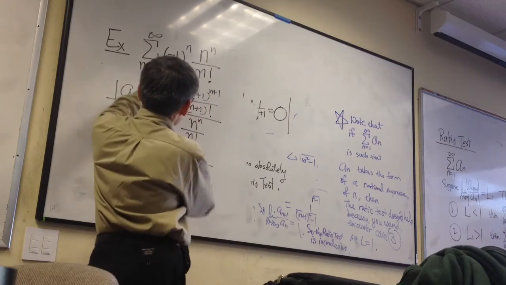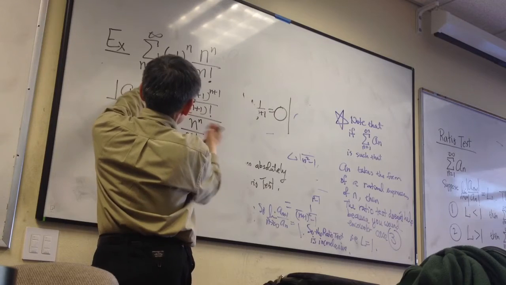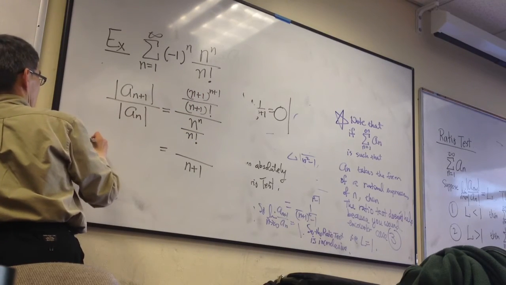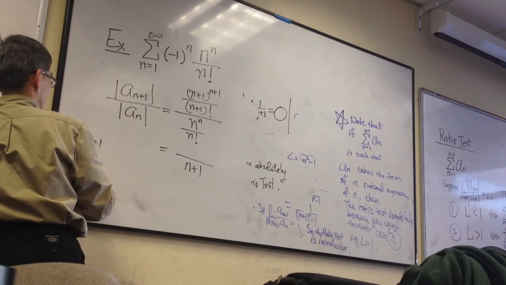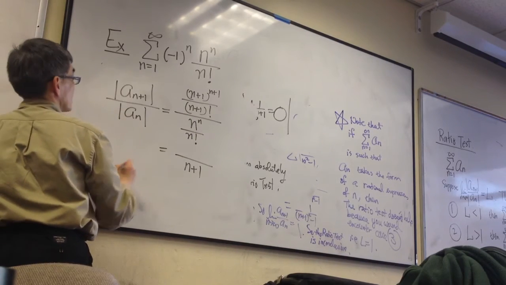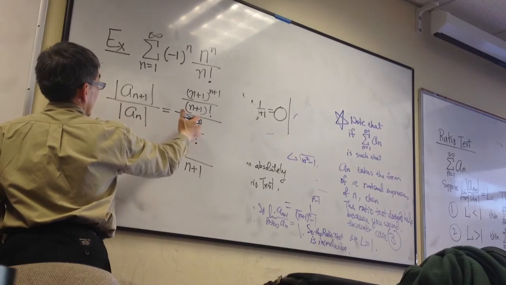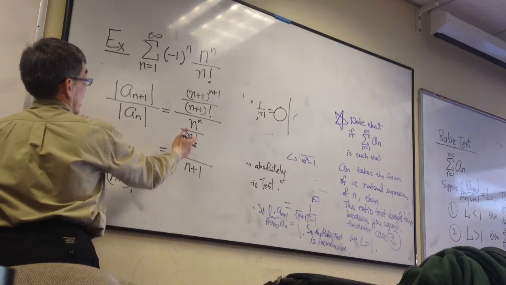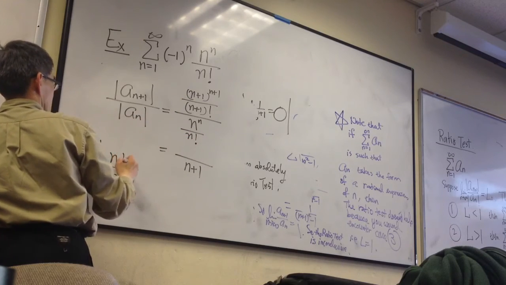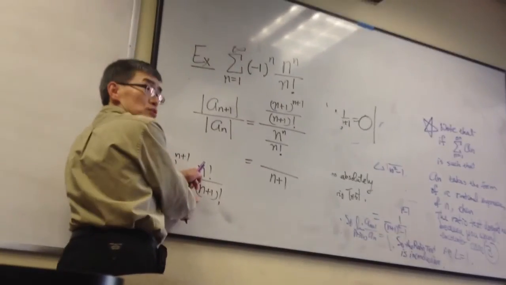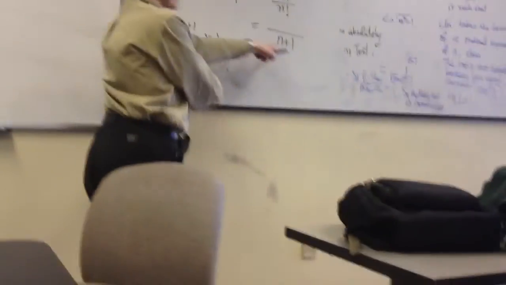And if you massage this, you're going to see n plus 1 power over n to the nth power, times this one which goes here, and this one, flip it to get there. So if you manipulate it algebraically, you see that these two factorials cancel out, and you're left with this.